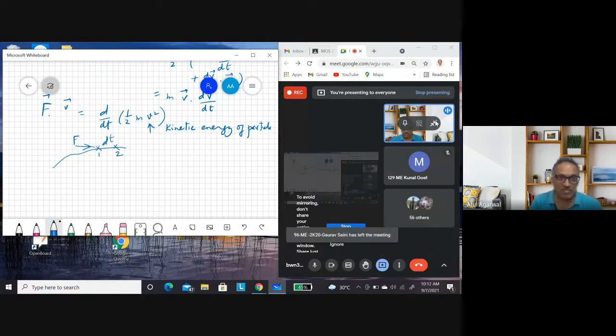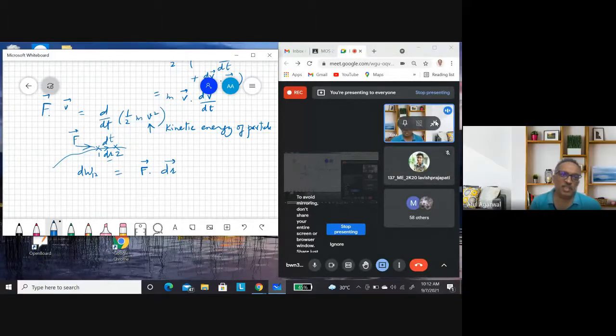So the particle suffers a displacement dr as it goes from position 1 to position 2. So what is the work done during this time? Basically, the force applied during this interval, dot product with the displacement of the particle. This is the work done.